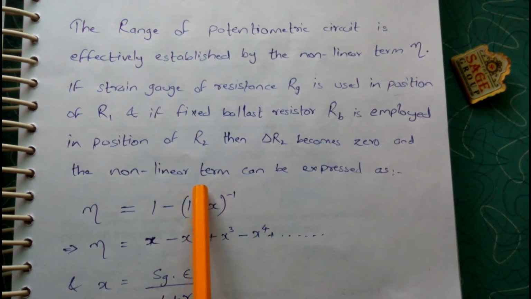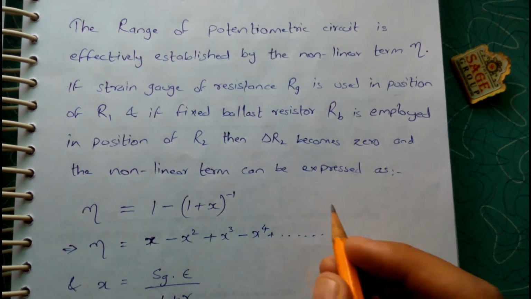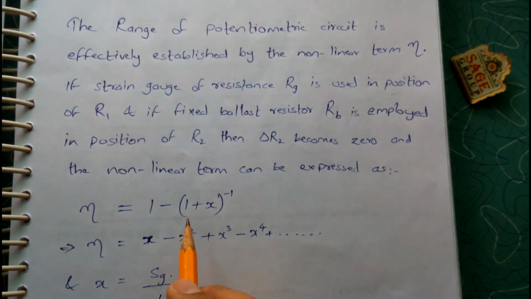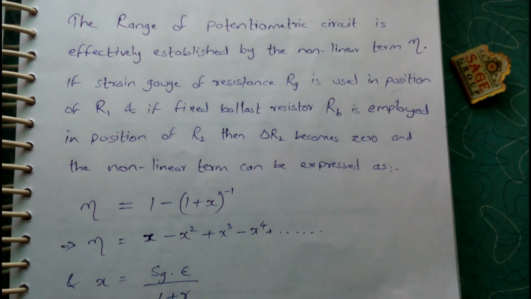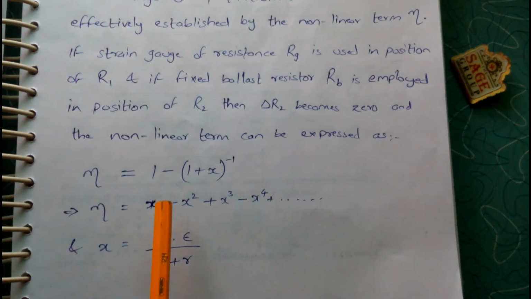When you expand this term, (1 plus x) to the power minus 1 becomes 1 minus x plus x square minus x cube plus x to the power 4 and so on. When we open this bracket, the minus sign multiplies inside, and the positive 1 and negative 1 get cancelled.